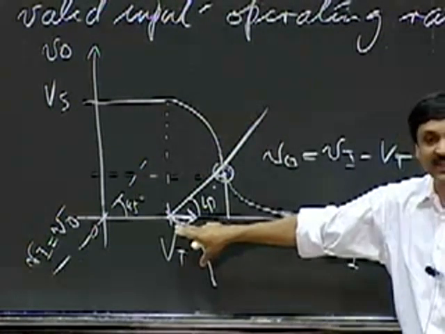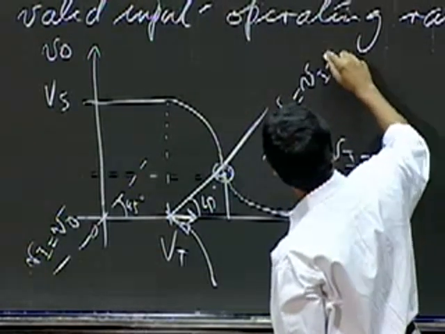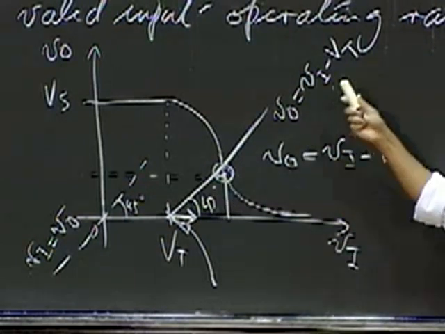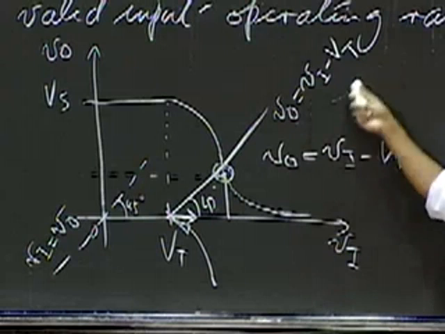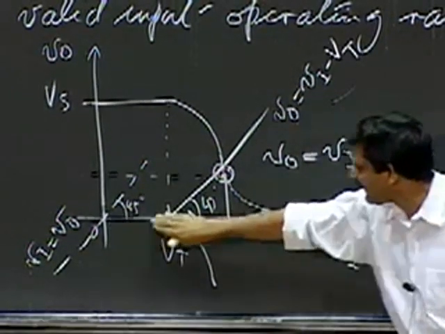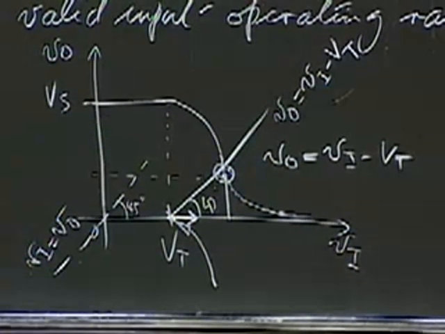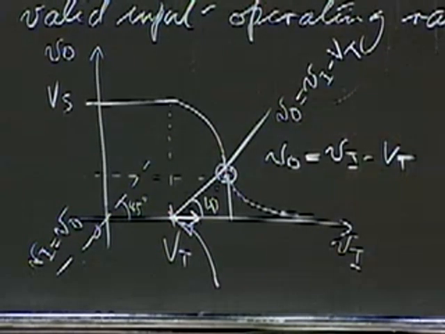I've translated that to the right, and so this line is a locus of points at which V naught is equal to this value. This minus Vt shows up as a translation to the right. So I take my V naught equals Vi line, translate that to the right, and it becomes V naught equals Vi minus Vt. Elementary geometry 101.